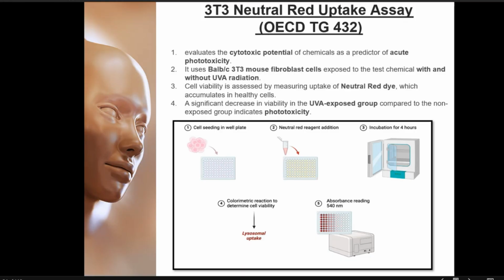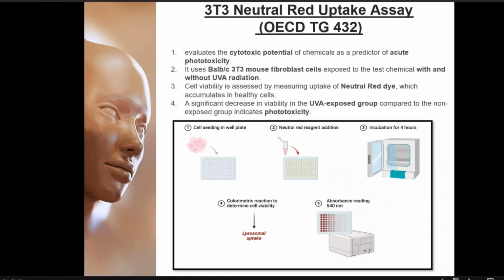This is the in vitro test used to check phototoxicity. It evaluates the cytotoxic potential of the chemical as a predictor of acute phototoxicity. It uses BALB/c 3T3 mouse fibroblast cells exposed to the test chemical with and without ultraviolet radiation.